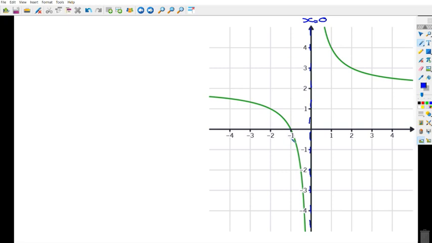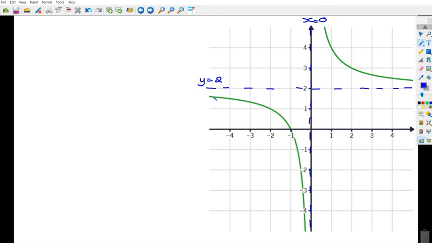Now let's follow my graph. It's turning, and it's not touching positive 2 over here. At the top here it's doing the same thing, turning and never touching positive 2. So I'm going to put in my horizontal asymptote here. What am I going to call that horizontal asymptote? Y is equal to positive 2.